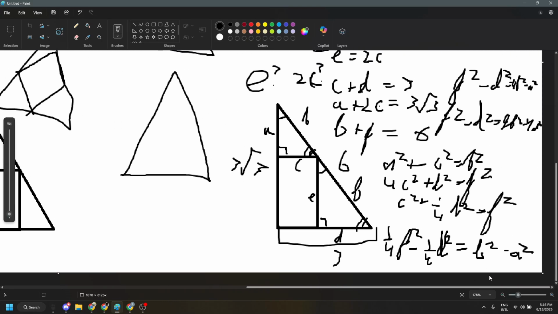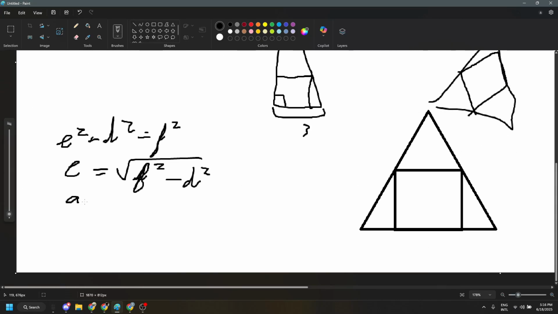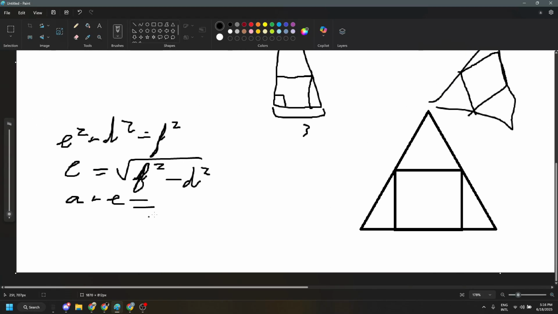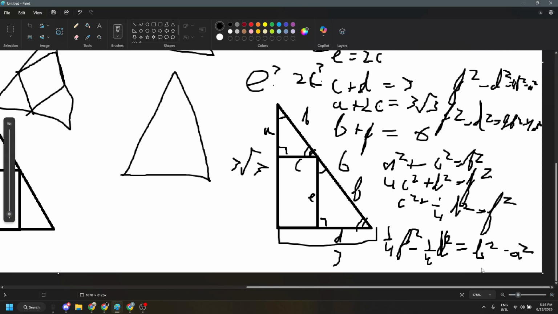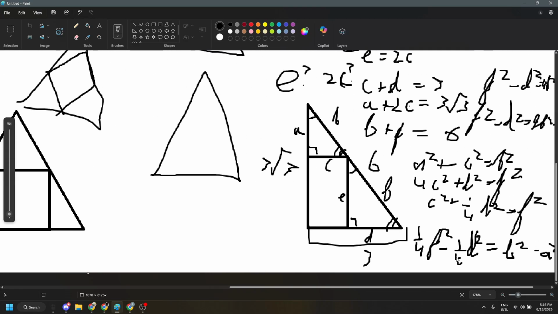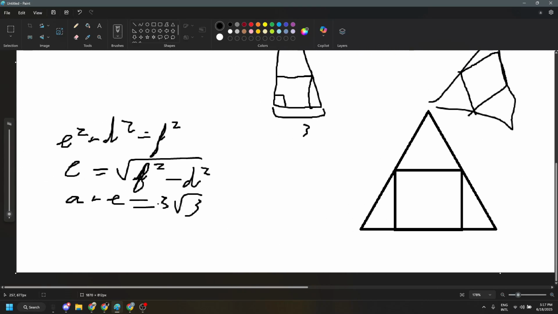What other thing includes E? So A plus E is equal to 3 square root 3. And then we can find A in order to solve this, I guess.